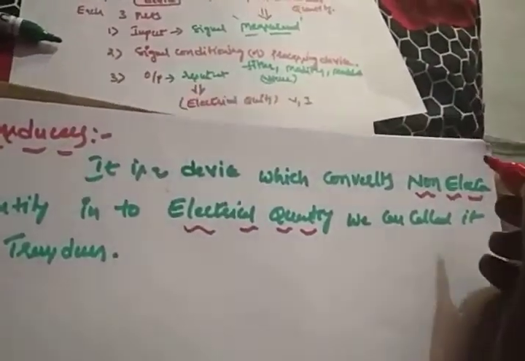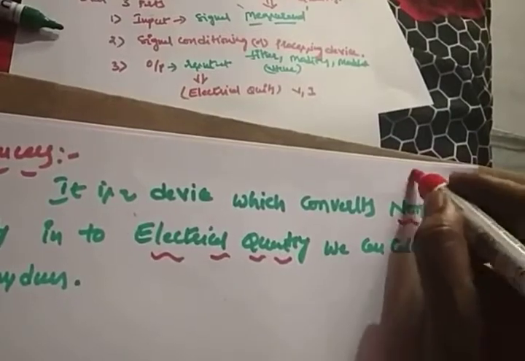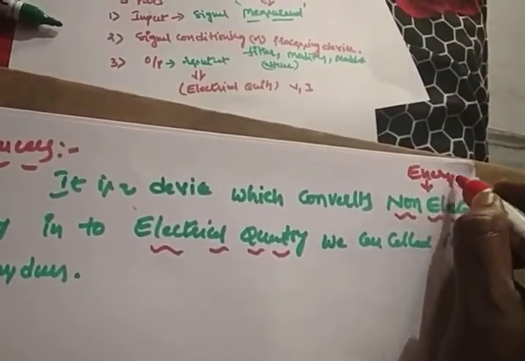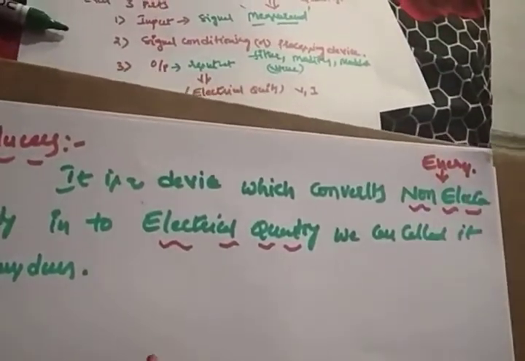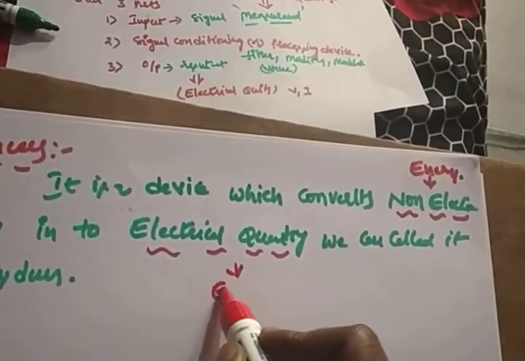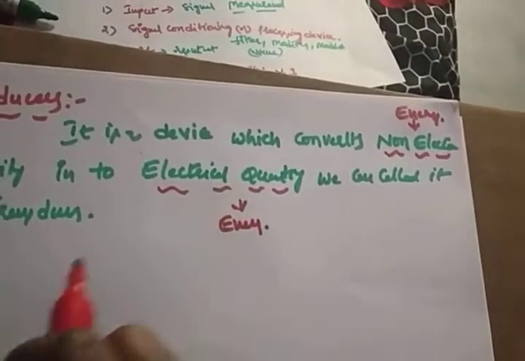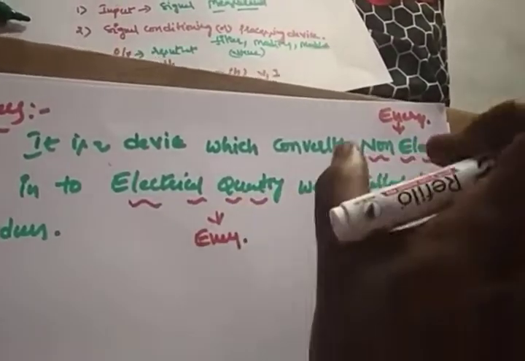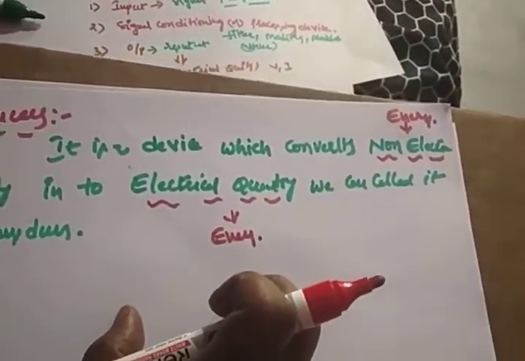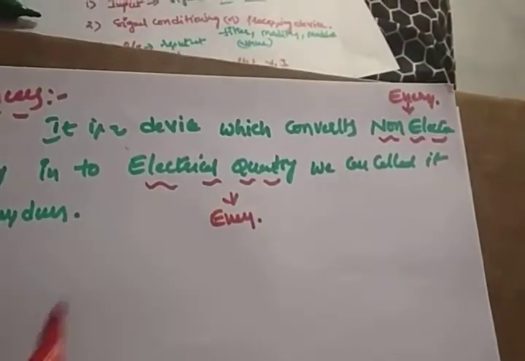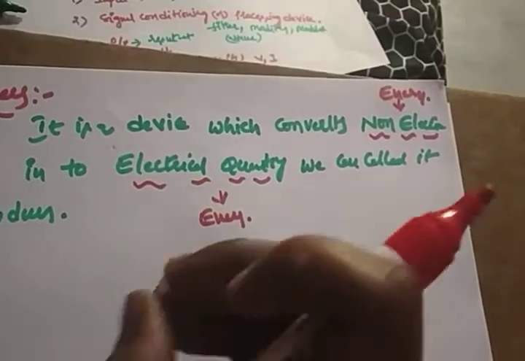Right? So non-electrical quantity is nothing but energy. Electrical quantity is also nothing but energy. So we also define the transducer as a device which converts one form of energy to another form of energy. Why do we require an electrical quantity at the output?